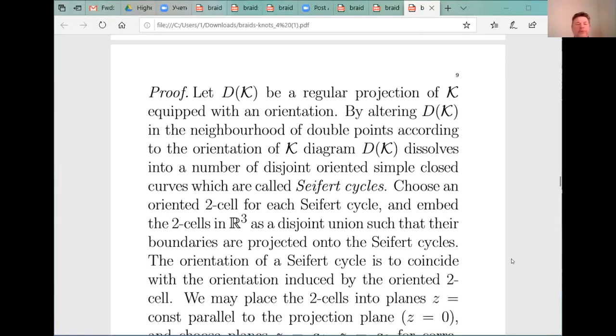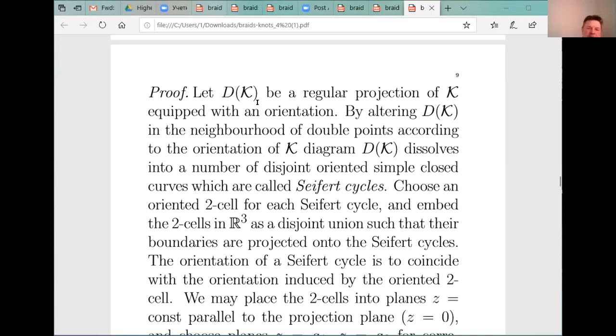We start with the node diagram projection, and take orientation.